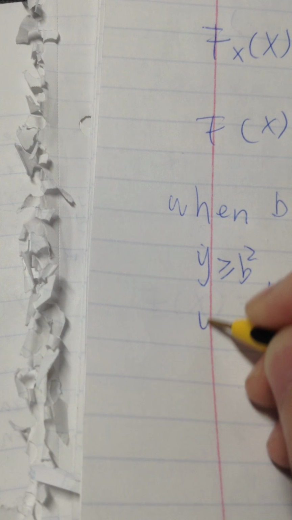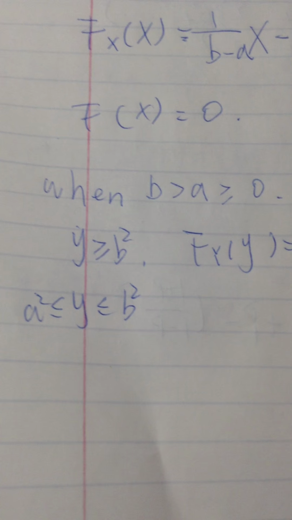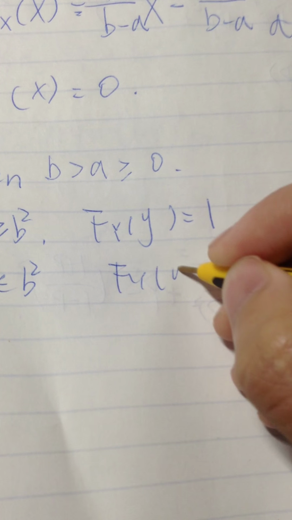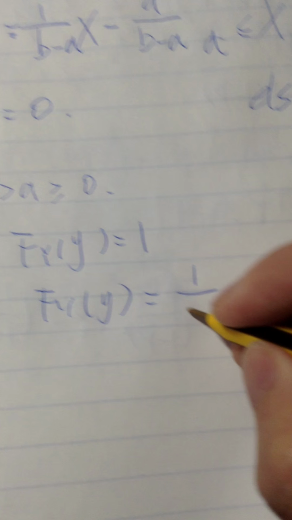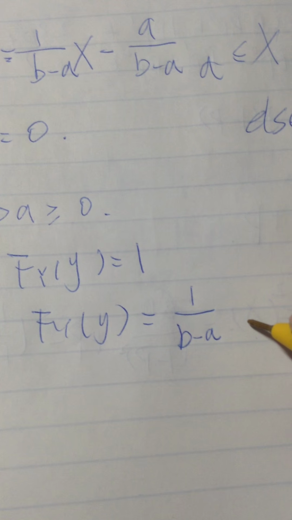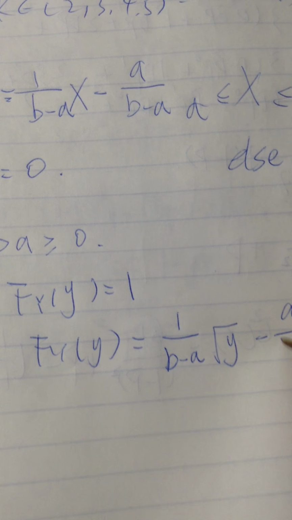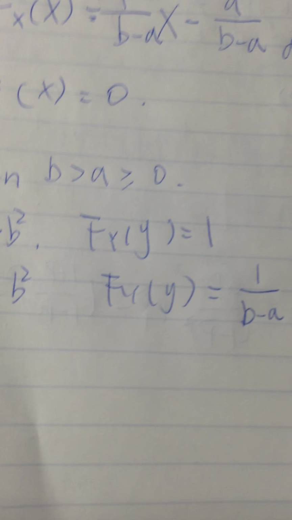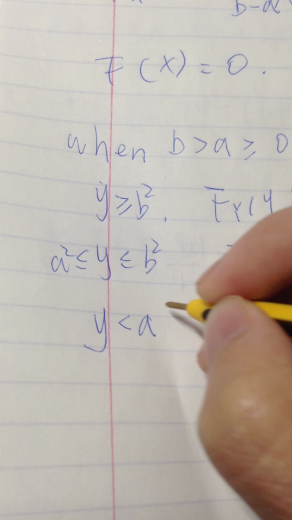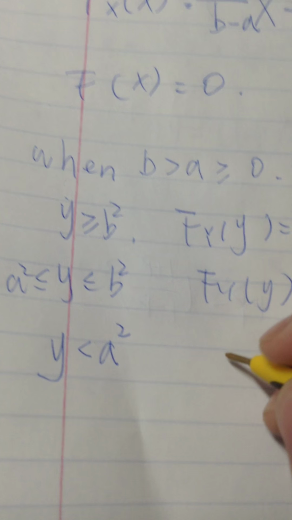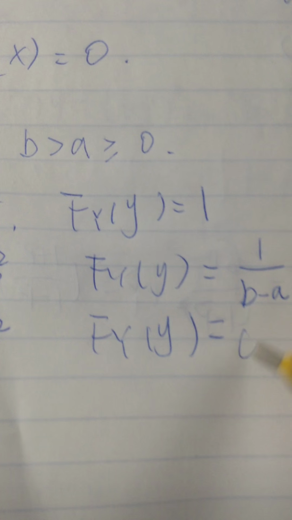Then when y is between a squared and b squared, fy(y) equals the square root of y minus a, divided by b minus a. Then when y is smaller than a squared, fy(y) equals 0.